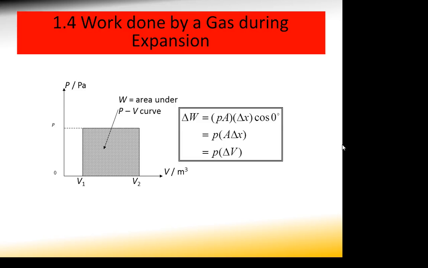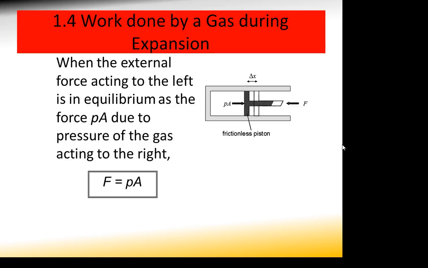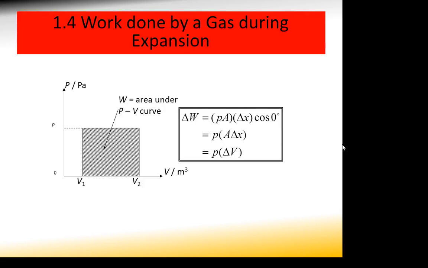If I regroup the brackets, I get pressure times A delta x. The cross-sectional area of the piston times delta x is actually the change in volume of the gas. So that's how I get to this equation: the work done is the pressure times the change in volume. Please make sure that your things are in the correct units.